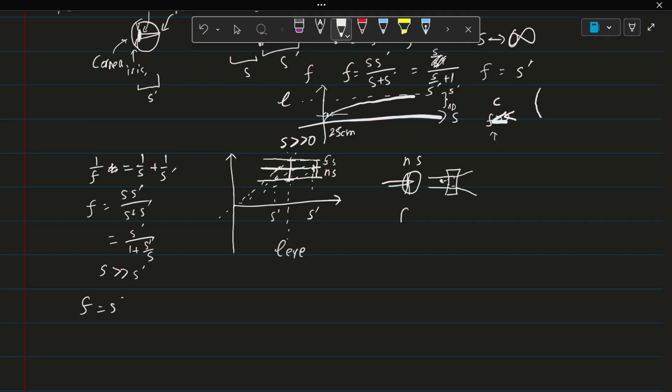This means that for farsighted people, the rays go further than the retina, which also causes blurry vision for near objects.